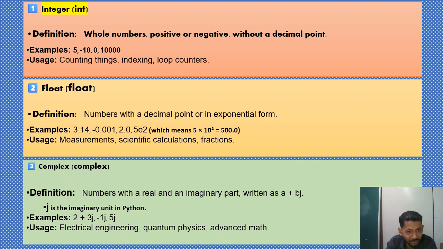So maximum you will use integer and float. Very rare is complex. So here both real and imaginary parts you need to use. So here you can use j. J is the imaginary unit in Python. So suppose a plus b, there you can add j.